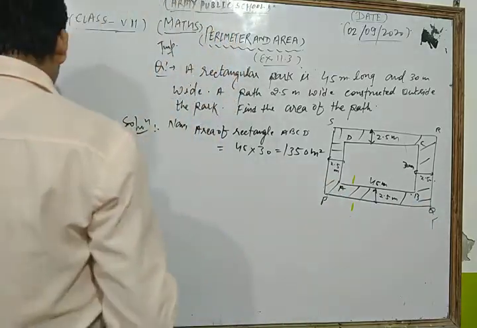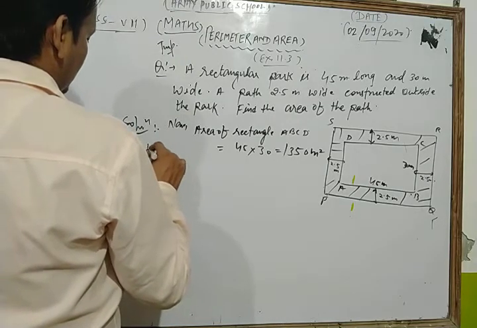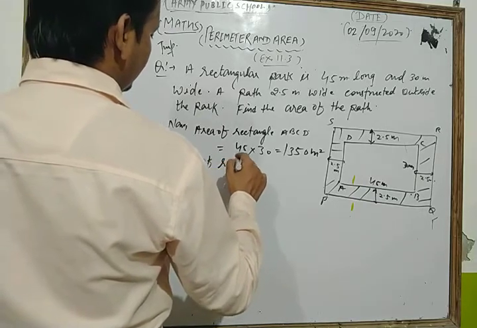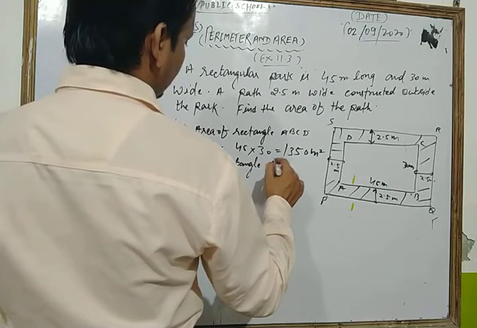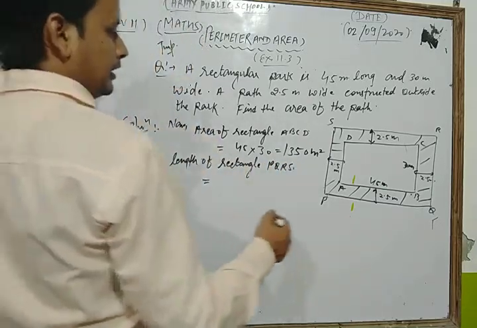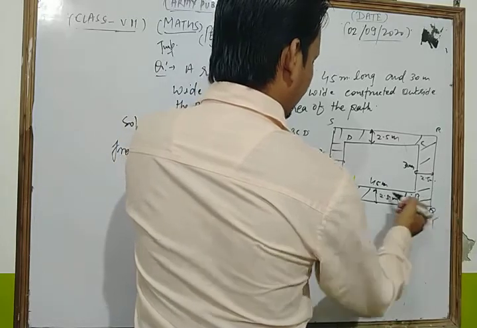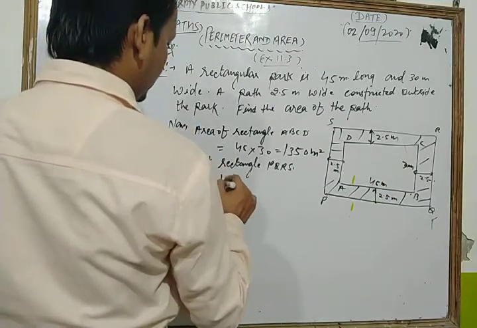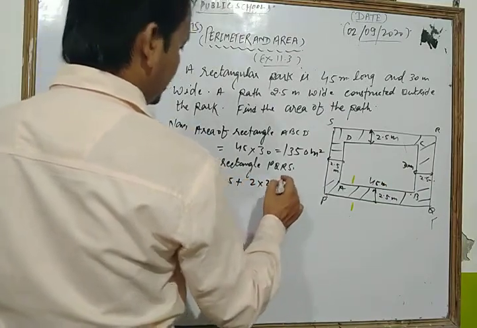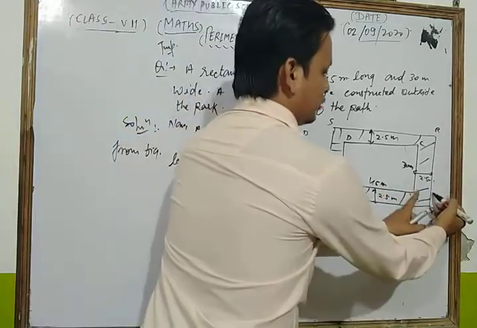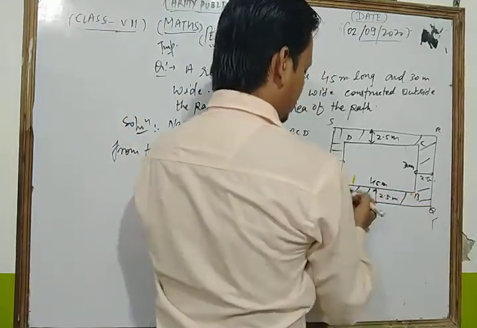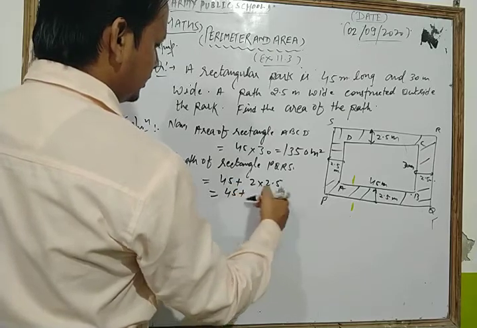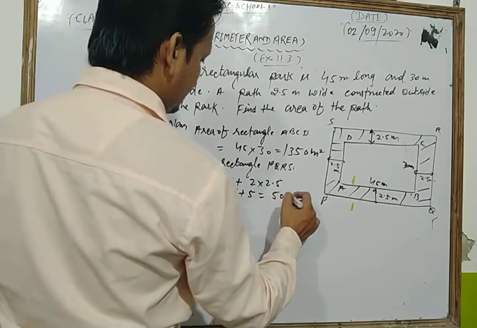From the figure, the length of rectangle PQRS is equal to 45 plus 2 times 2.5, because 2.5 is on both sides. So we get 45 plus 5, which is 50 meter.